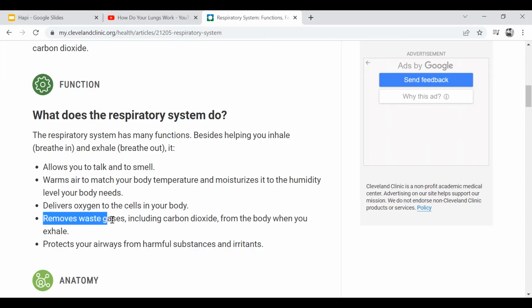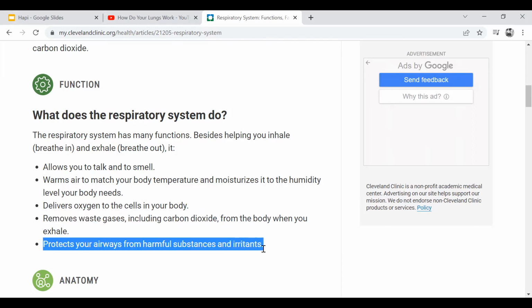It removes waste gases, including carbon dioxide. Let's repeat that again. What does the respiratory system do, scholars? You could just read what's in the blue. It removes waste gases, including carbon dioxide, from the body when you exhale.